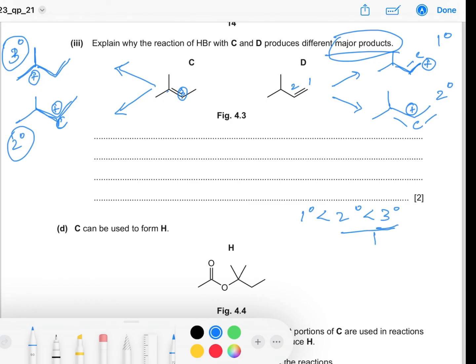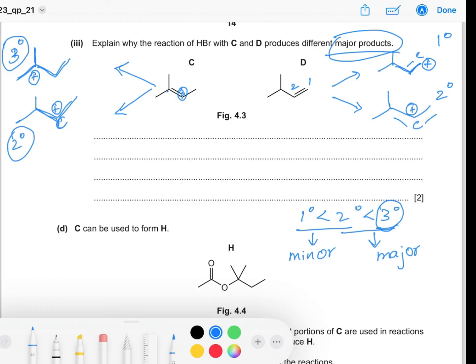So major products are formed from either primary or secondary carbocation, and minor products can be formed using either of primary and secondary. Right, and the reason that a tertiary carbocation forms the major product is because the tertiary carbocation is more stable due to the positive inductive effect of alkyl groups.